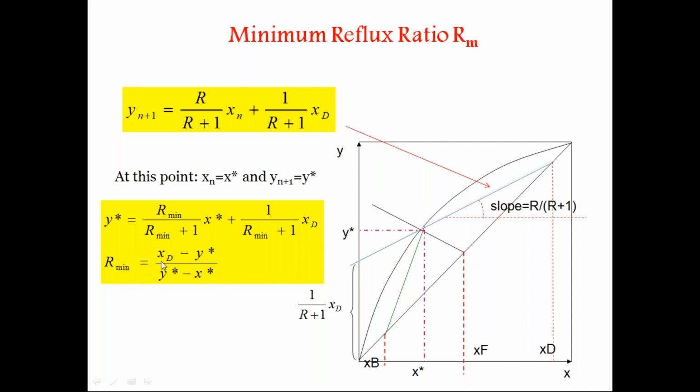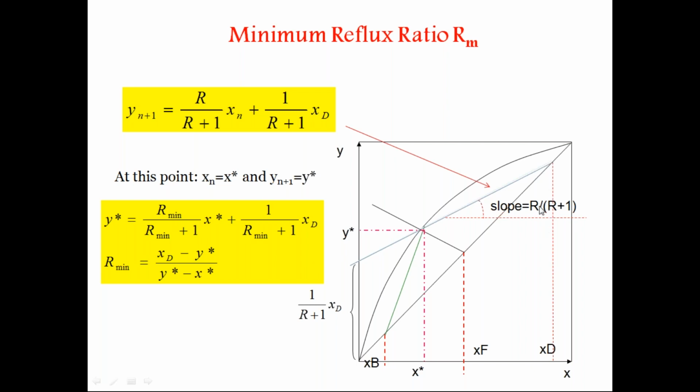In R minimum, you can just substitute, because y star and x star fall on the operating line. So you can find out R minimum from the slope, or from this equation. When you substitute those values and readjust, you will get R minimum equal to xD minus y star divided by y star minus x star. You know y star and x star, and xD is the product quality.